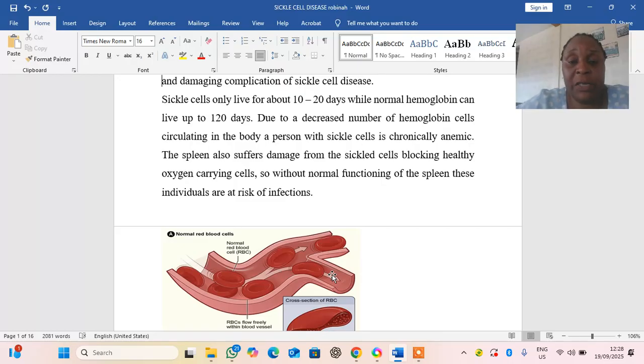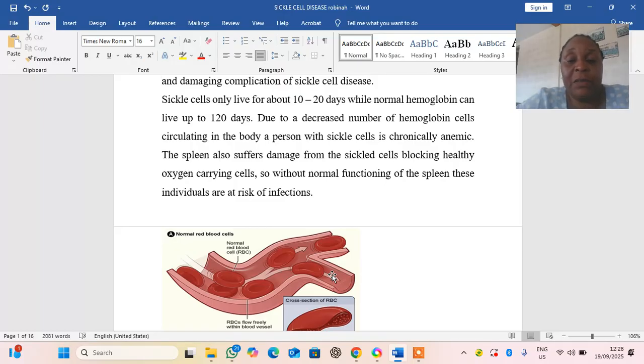So what happens is that if a person has sickle cells, her or his red blood cells will be continually getting broken down in only around 10 to 20 days. So this breakage continually makes the person anemic, and that is why these people chronically live anemic, because their red blood cells do not live to their lifespan of around 120 days of a normal red blood cell.